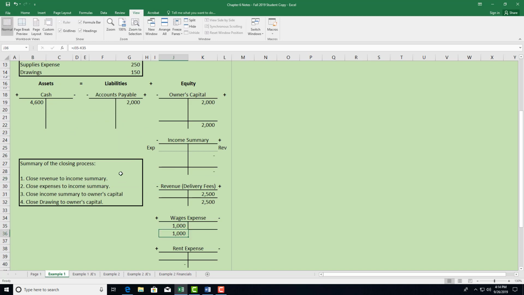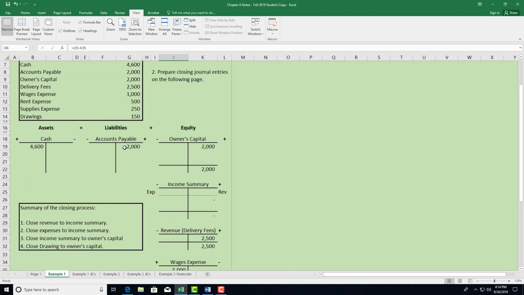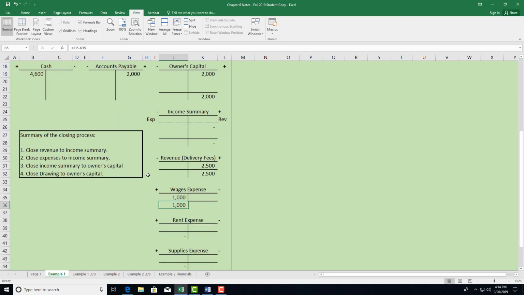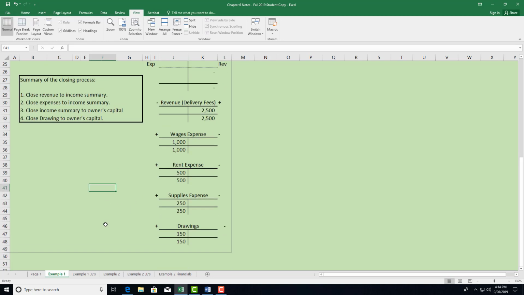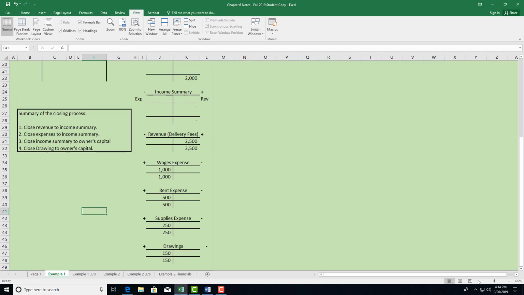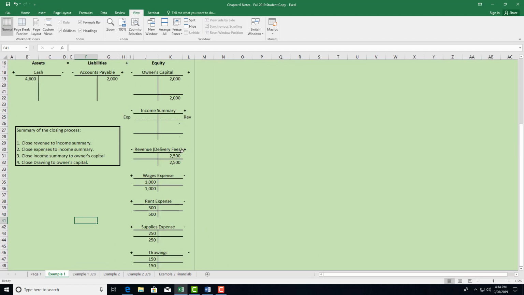That would be a debit. We have rent of $500 and supplies of $250. And then drawings, $150. So that is it for step 1. We have put the account balances into the T accounts.